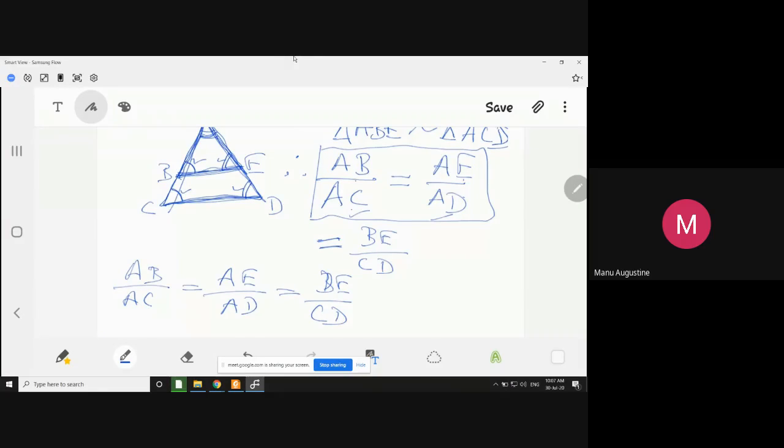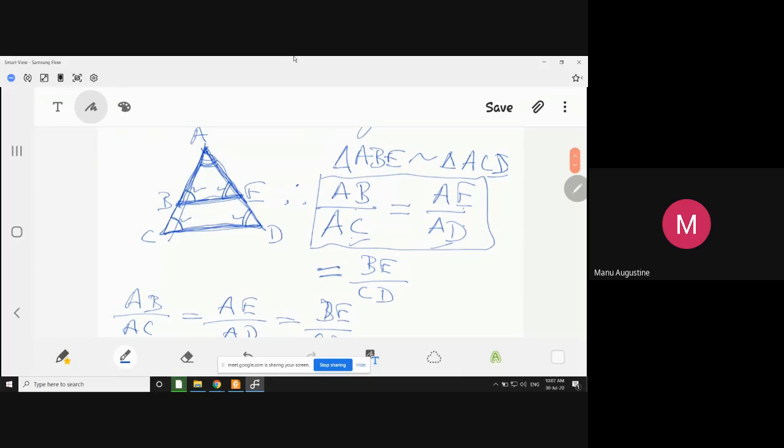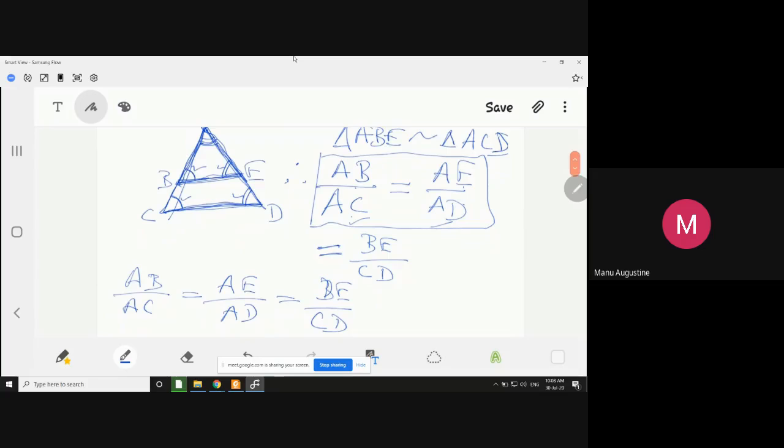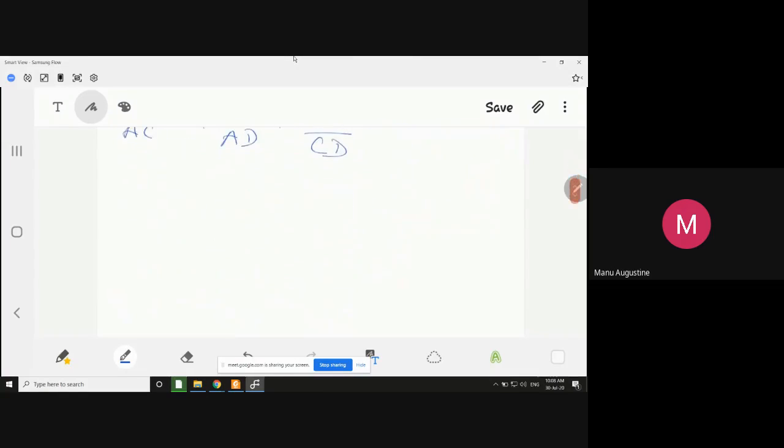As you can see, there are two triangles, one smaller and one larger. If they are similar to each other, then the ratio of their corresponding sides will always be found equal to each other. Okay?